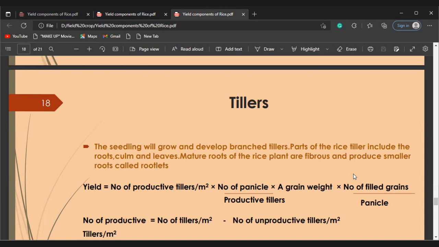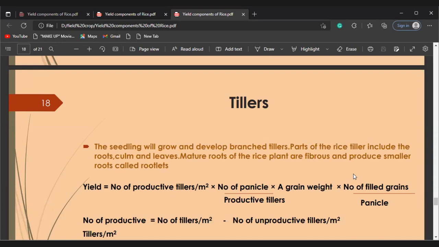Here we will not consider the spikelets. That's why grain weight, so we multiply by 1000 grain weight. Here grain weight and number of filled grains. In a panicle, how many filled grains?